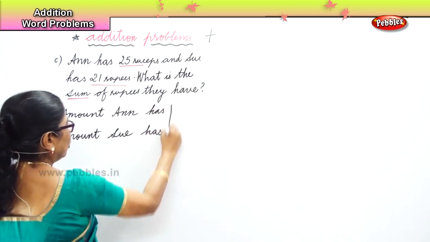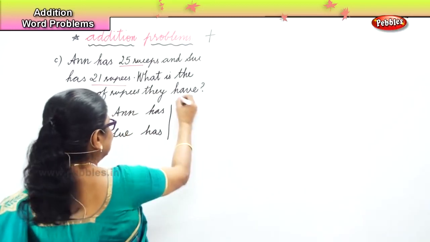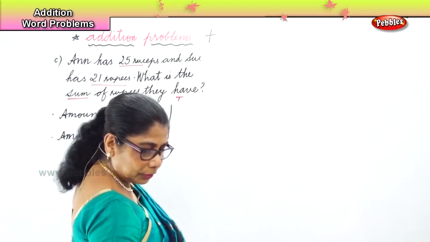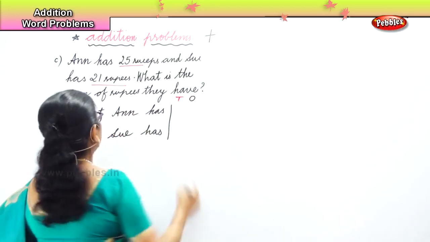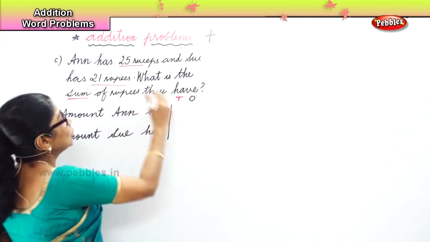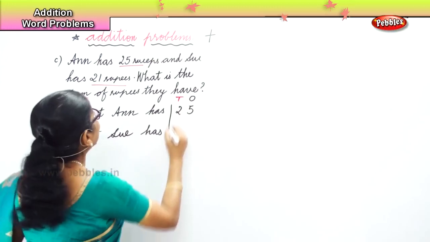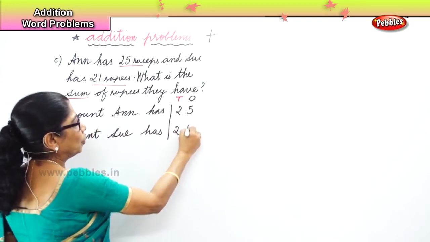And then you need to draw a line here, and then you need to write tens, and you need to write ones, so that you do not go wrong. Tens, ones. Amount Anne has how much? 25 rupees. Amount Sue has 21 rupees.